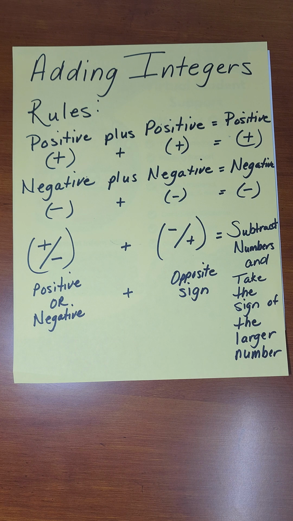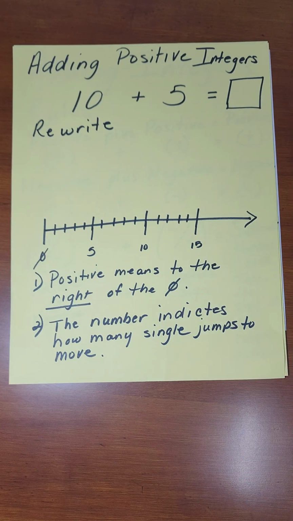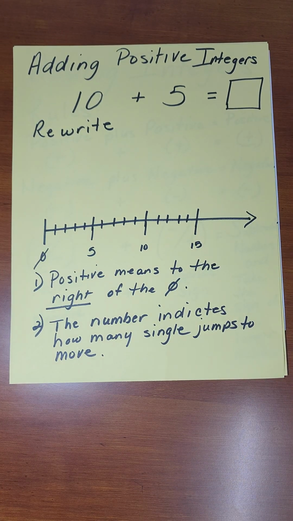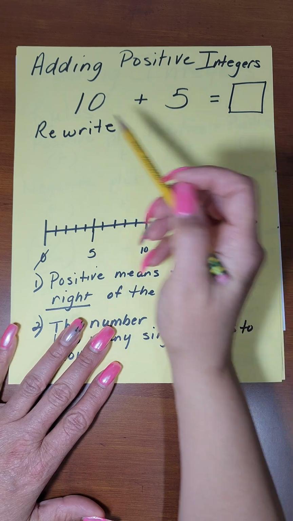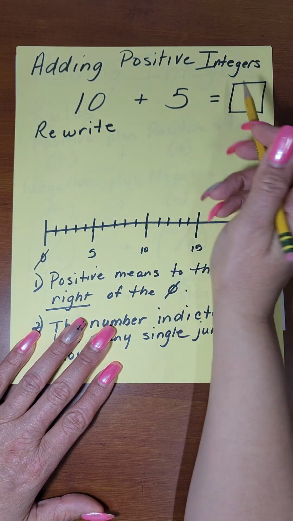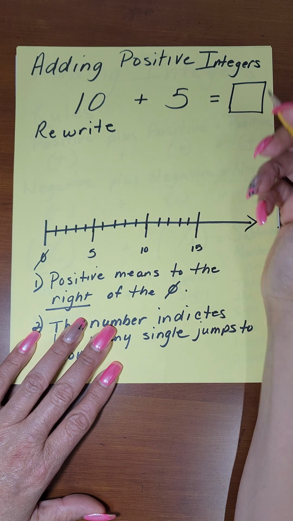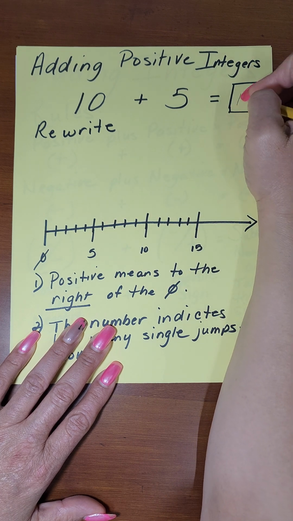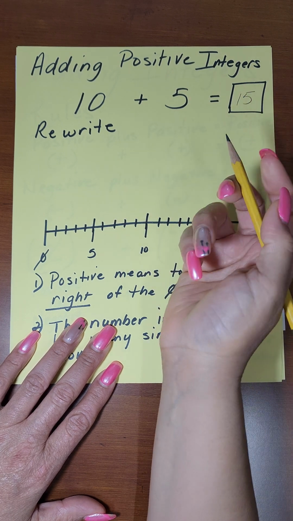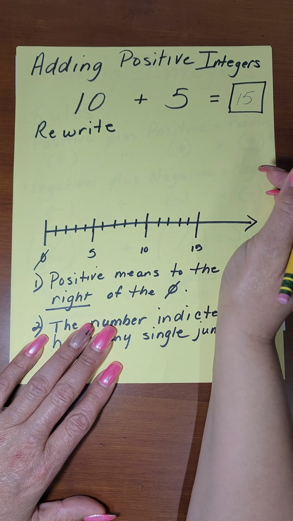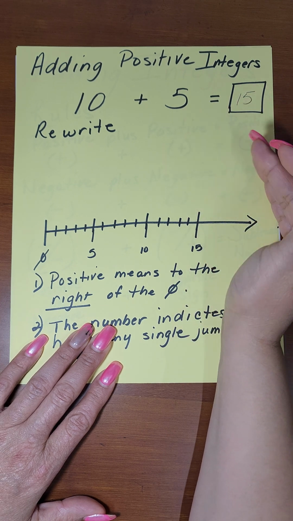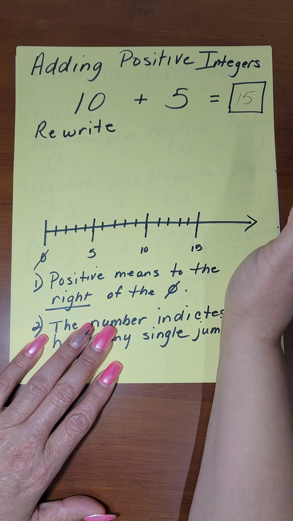So what I'll do is I'll start with adding integers. Okay, so this is what it might look like. 10 plus 5 equals. Most of us at this stage, we would just be able to write 15. But I encourage you to write it in a way that pulls out what is invisible.